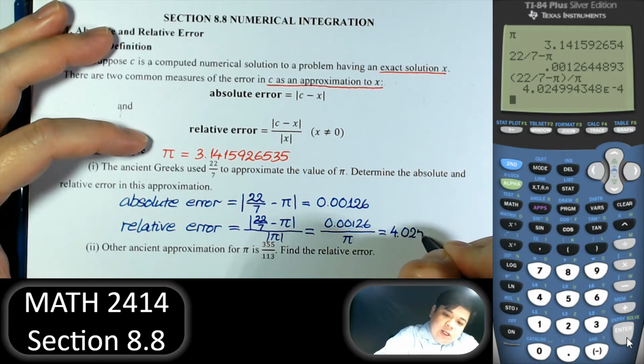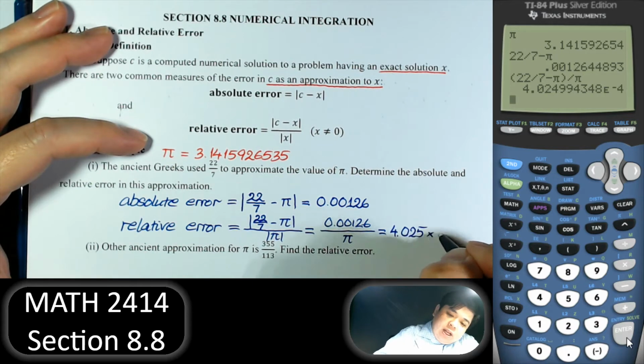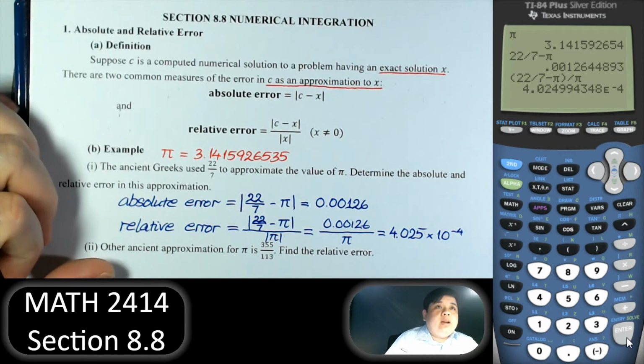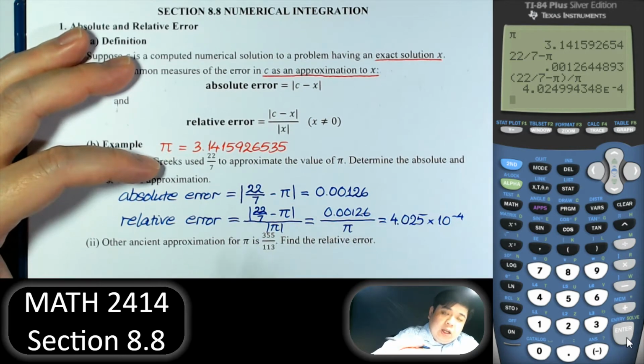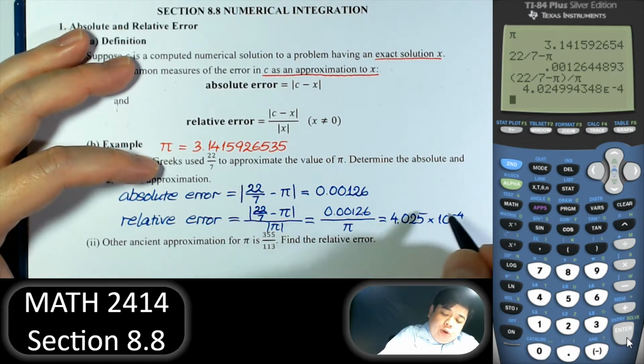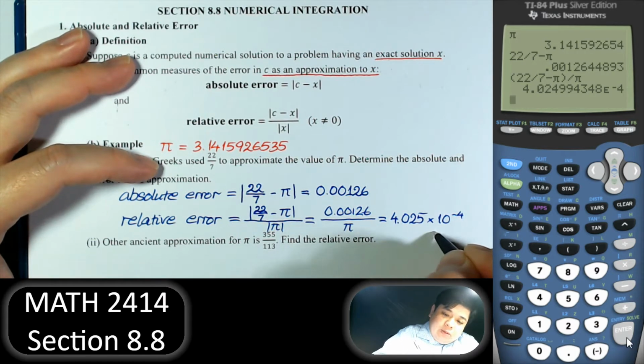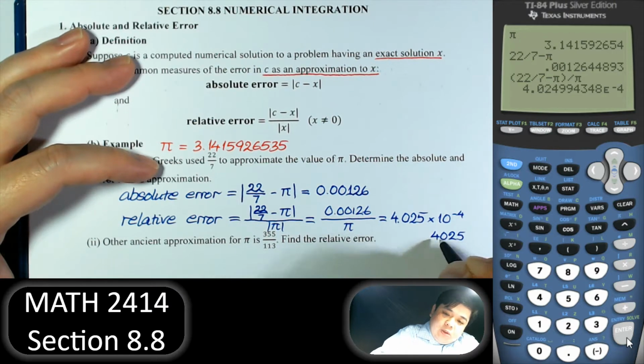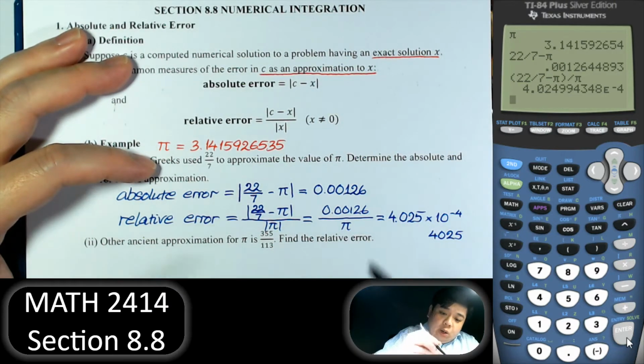The e there means times 10 to the negative 4. So if we want to rewrite this, we move the decimal place. We have 4025, and the decimal was originally right after the 4.